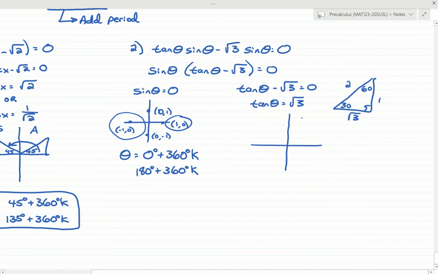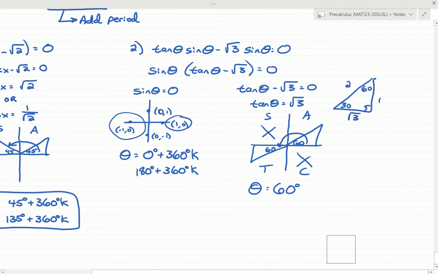So I'm going to draw 60 degrees in the quadrants where tangent is positive. Tangent's positive in the first and the third quadrants. So my answer would be 60 degrees, but also this one right here, 180 plus the 60 is 240.